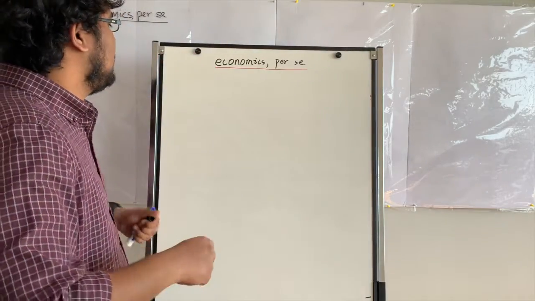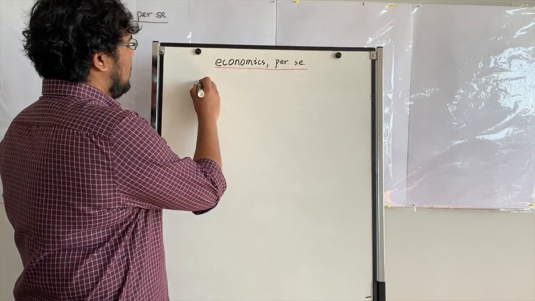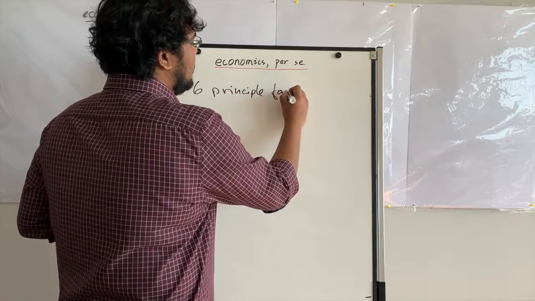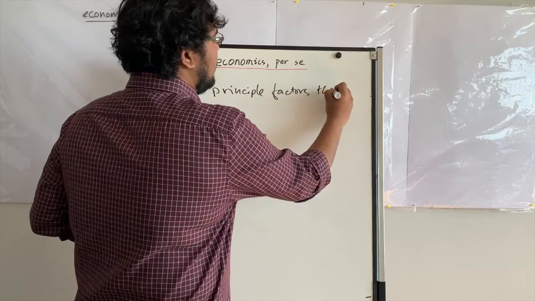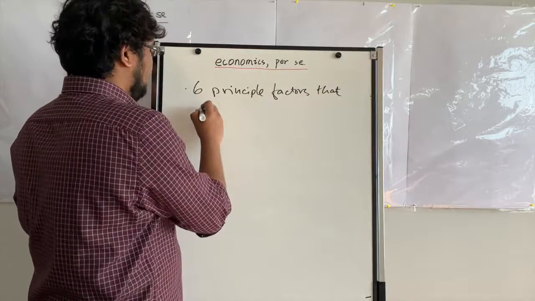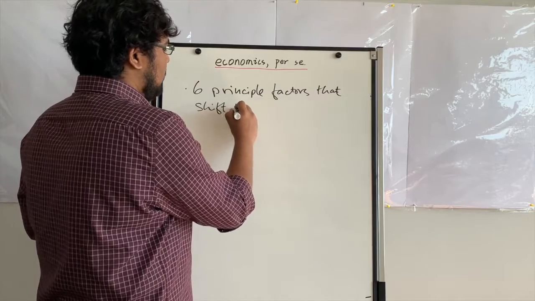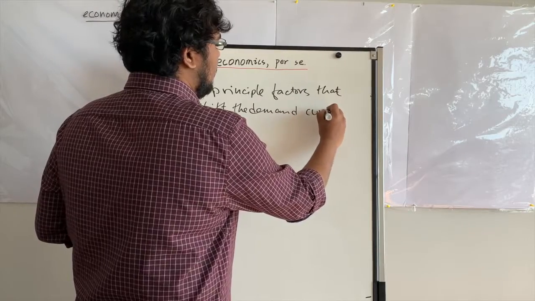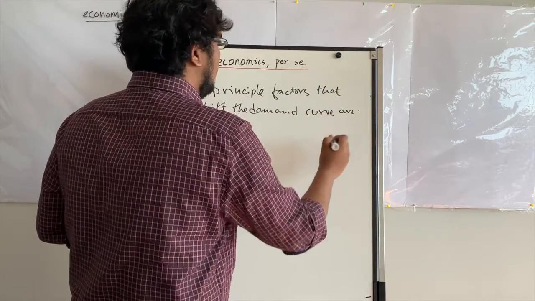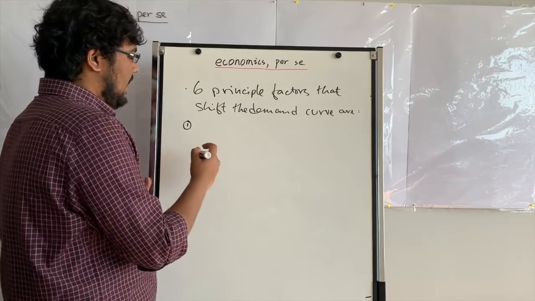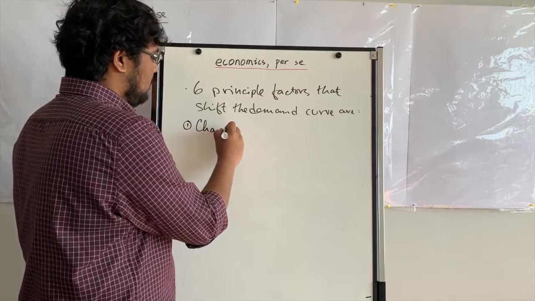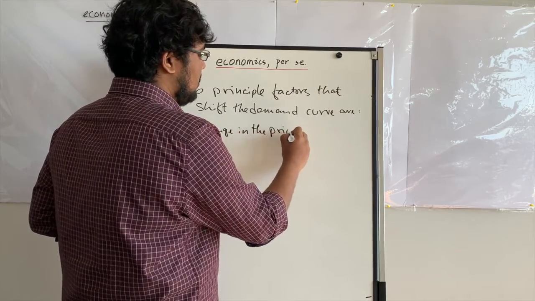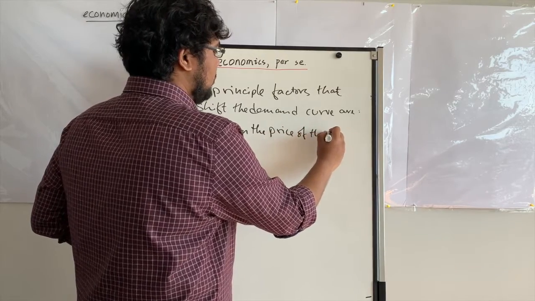And those 6 principal factors that shift the demand curve are: number 1 is a change in the price of the substitutes.